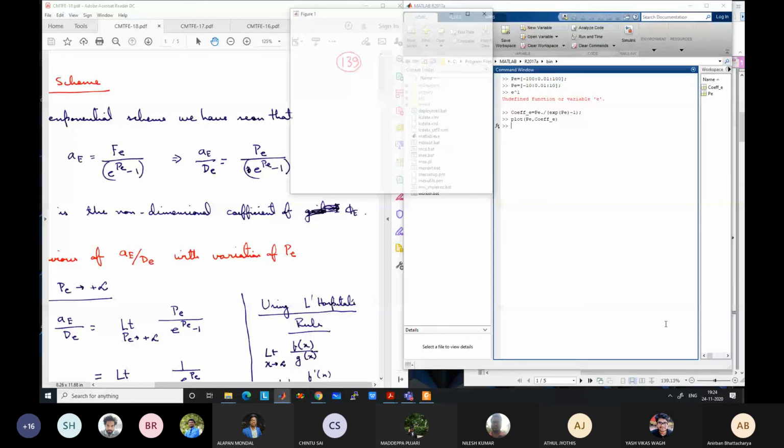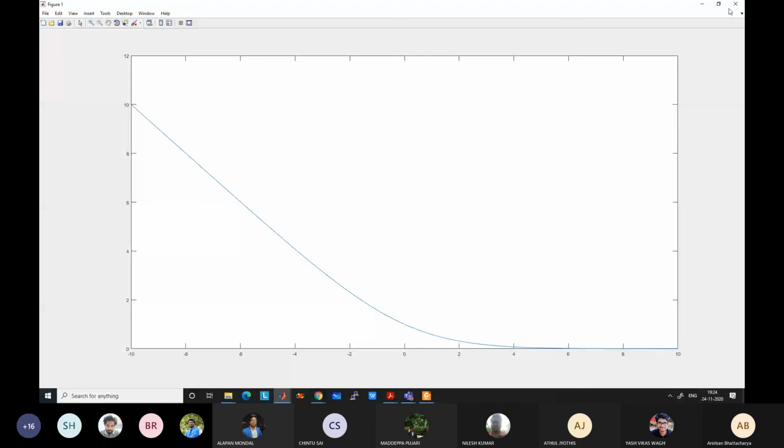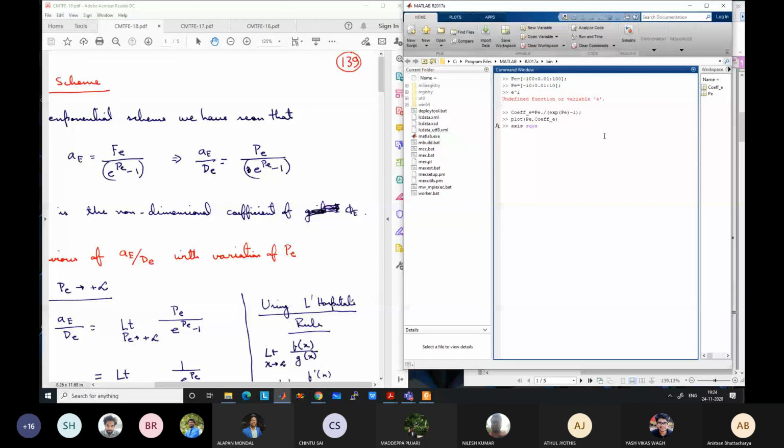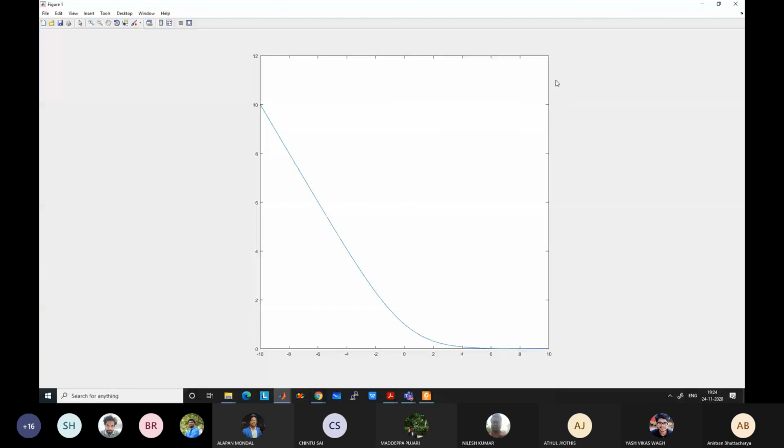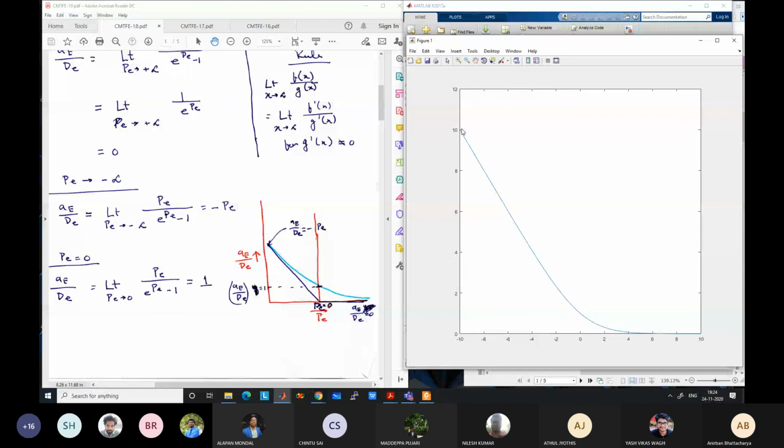It is correct. So this is the behavior, right? And you can see that it is like what we have already studied. And the limits also, you can see that it is almost approaching the power law scheme that we have studied.